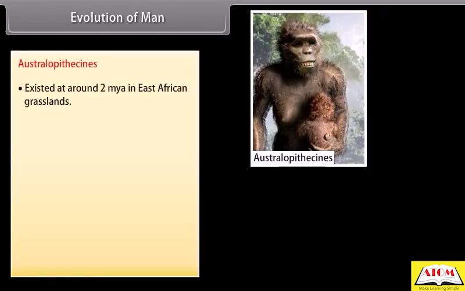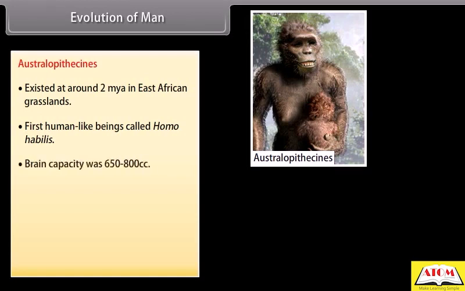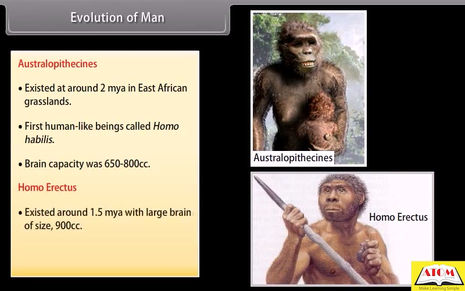Australopithecines existed around 2 million years ago in the East African grasslands. First human-like beings called Homo habilis. Brain capacity was 650 to 800 cc. Homo erectus existed around 1.5 million years ago with a large brain of size 900 cc, ate meat.